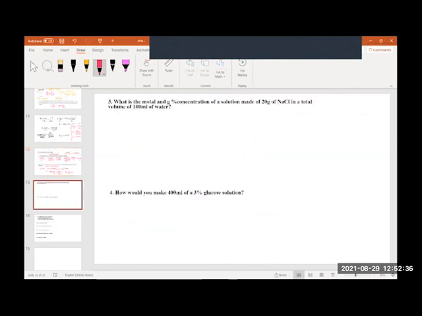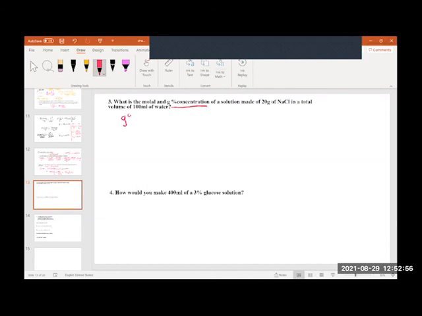What about the next problem? What is the molal in grams percent concentration of a solution of 20 grams of sodium chloride in a total volume of 100 milliliters of water? Well, let's start with the grams percent concentration.